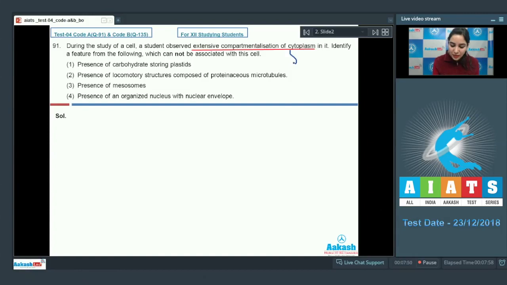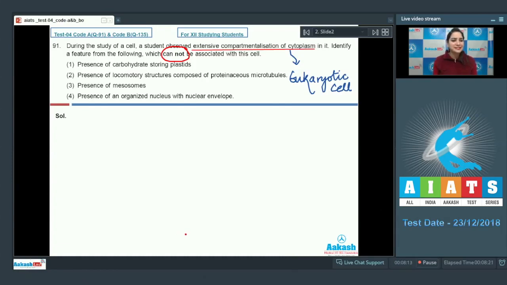So let's write down that here we are talking about eukaryotic cell. Now, identify a feature from the following which cannot be associated with this cell, which is a eukaryotic cell. So let's see.